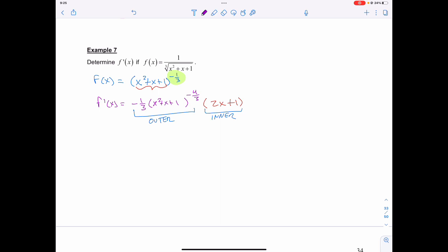This is going to give me negative 1/3 times 2x plus 1 times x squared plus x plus 1 to the power of negative 4/3. The 2x plus 1 is going to stay in the numerator.